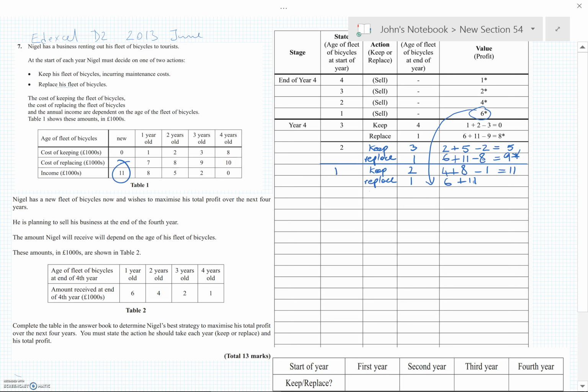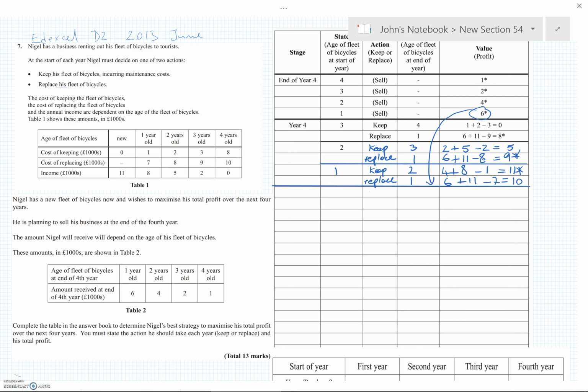However, these 1-year-old bicycles will have had a cost associated with their replacement, which will be equal to 7, which gives us a total of 10, and the optimum of these is 11.